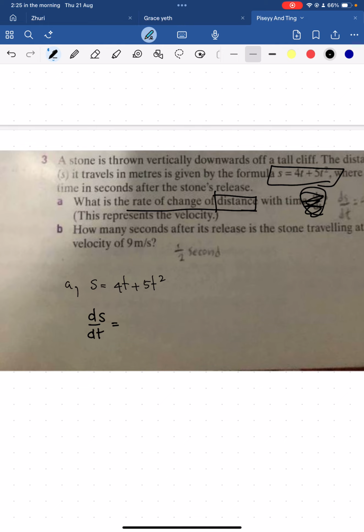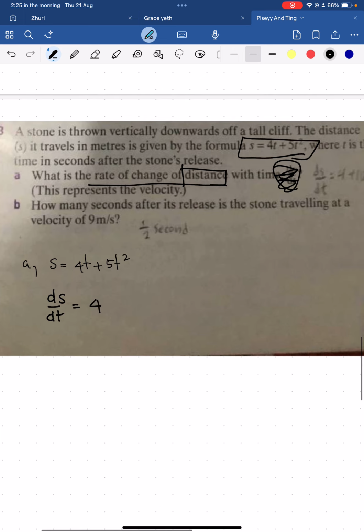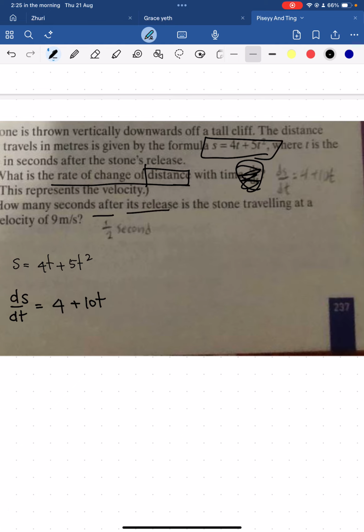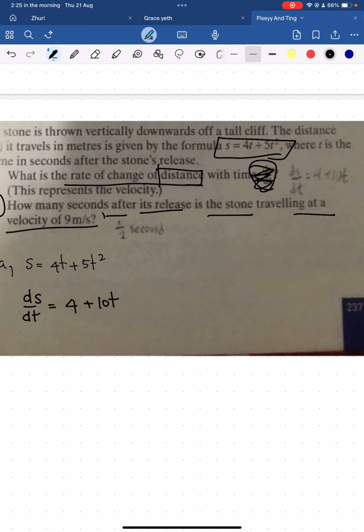But if they want to find the rate of change of distance, we have to find the derivative of s. So it's going to be 4 plus 10t, and that's it.